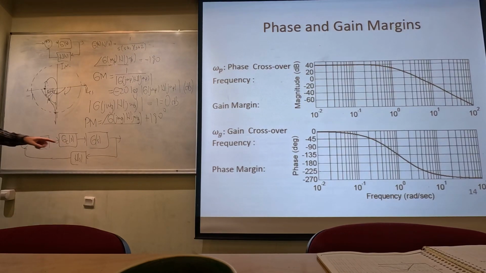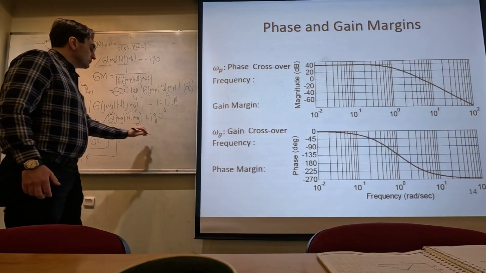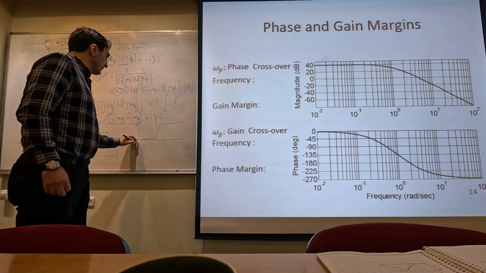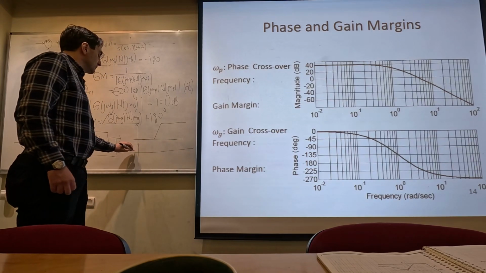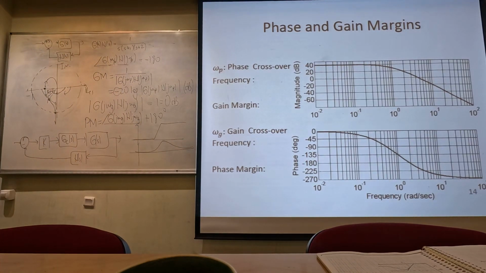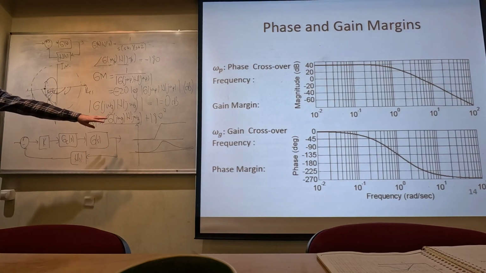So when I have the Gc(s) Bode plot, sometimes it's going to be looking like this. For example, in the first controller that we will think about, it's going to be looking like this. And this is going to be the Bode plot of the controller that we are going to be using.